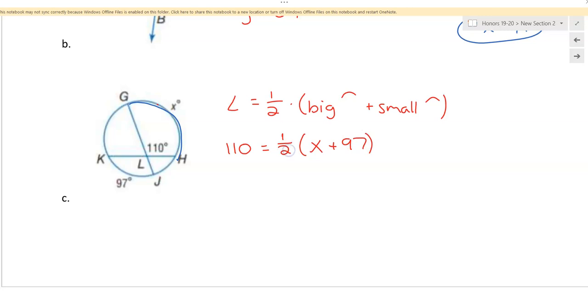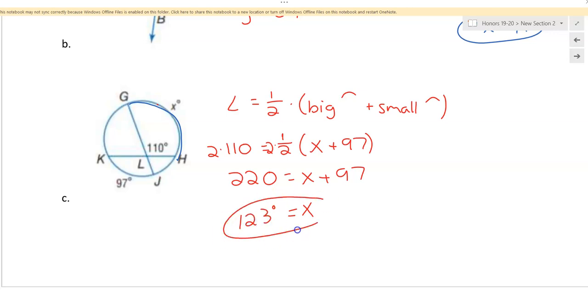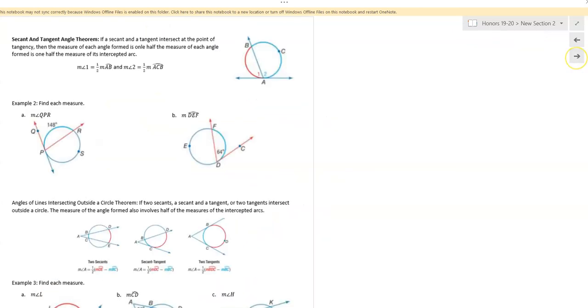I can get rid of this 1/2 first by multiplying by 2. So 220 equals X plus 97. And then I'm just subtracting 97, which is 123 degrees. So that's the difference if you're solving for one of your arcs versus solving for the angle. Okay, go ahead, turn the page.